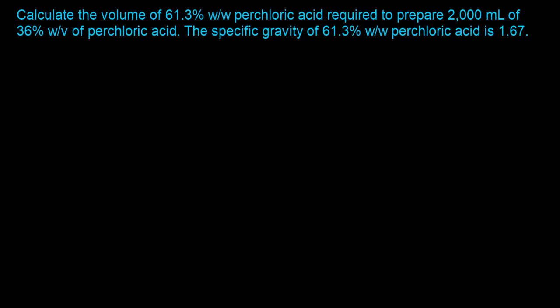All right, so here we could go straight ahead and use the trick I talked about. And what that would look like is we have two components. We have a concentrated acid, perchloric acid, 61.3%, and we want to make something less concentrated or more diluted, and that's 36%.